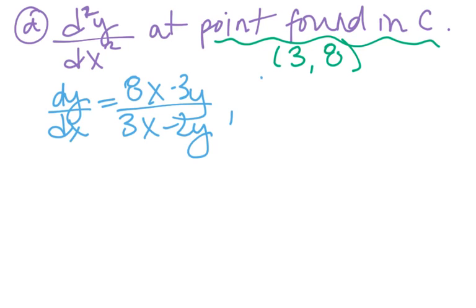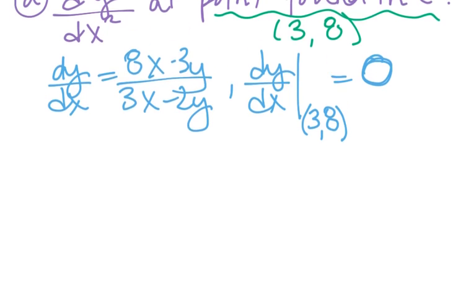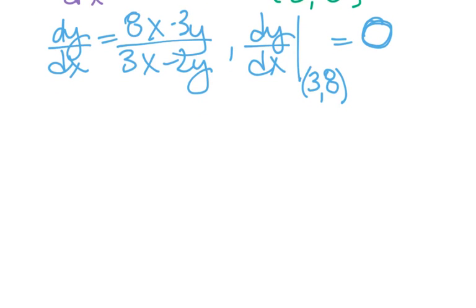And another key fact is we know at this specific point that that derivative is, well, we can calculate what it's going to be equal to. We know it's already equal to 0, but we could plug these points in. But we know there's a horizontal tangent line, so we can just say the derivative is 0. All right, when I go to take the second derivative, I'm going to have to use the quotient rule.